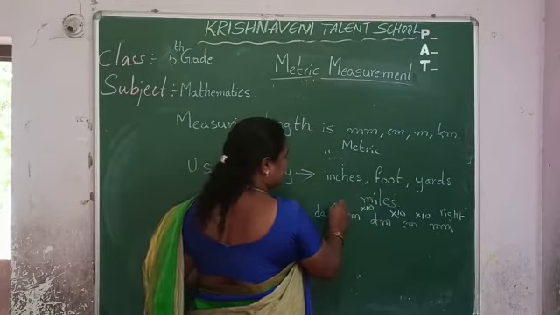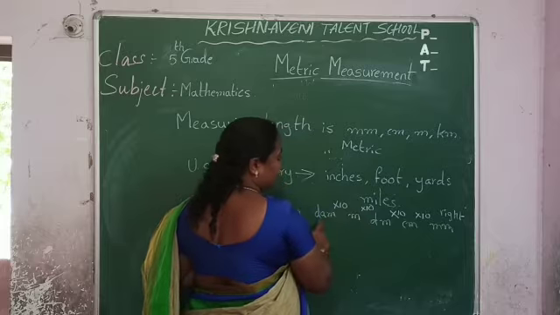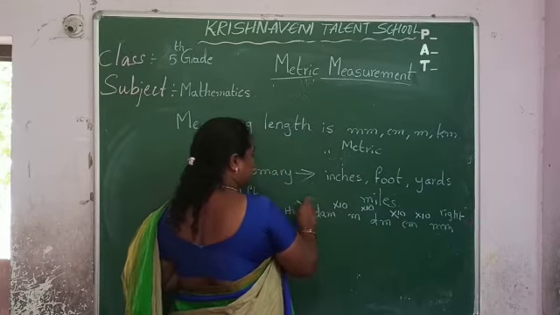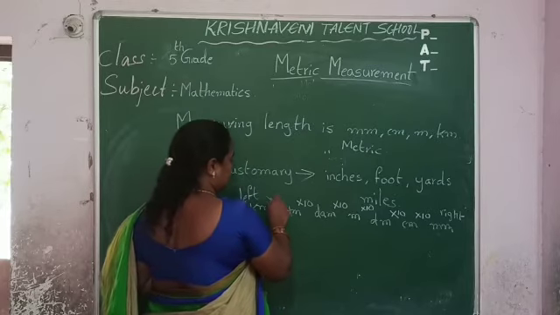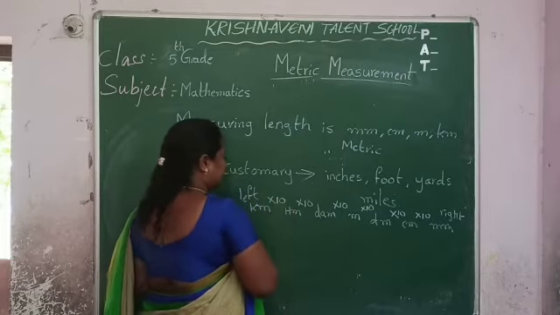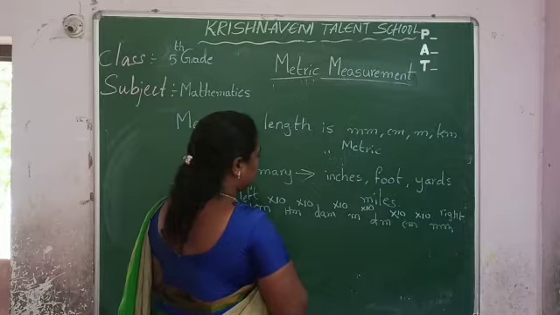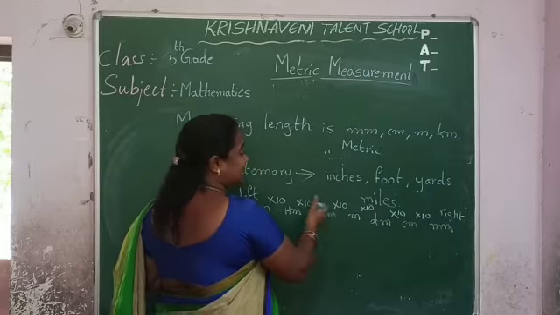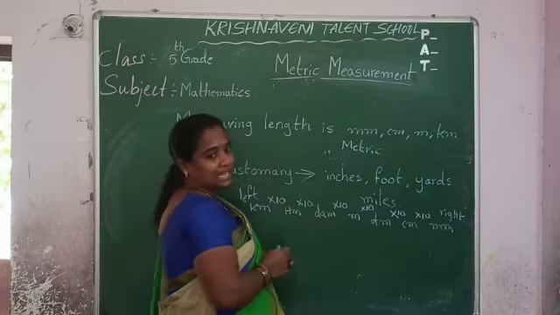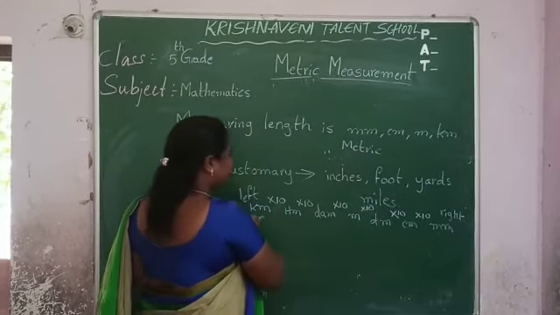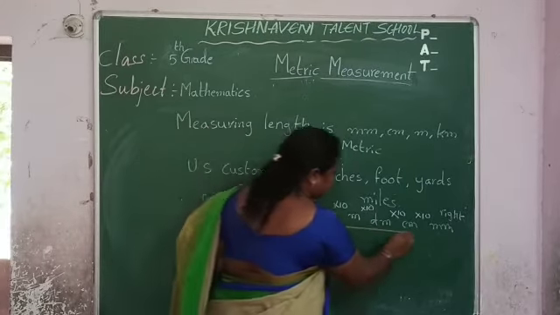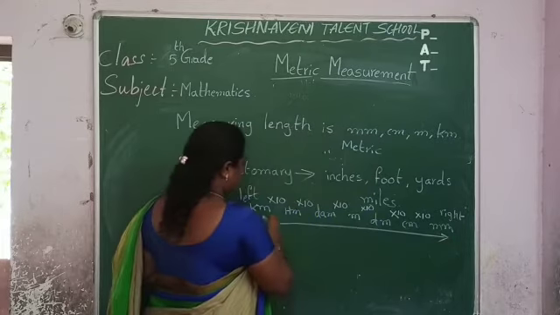Decameter is 10 times more than meter. Hectometer is 10 times more than decameter. Kilometer is 10 times more than hectometer. So it is increased by 10 times each step. Now, bigger to smaller.